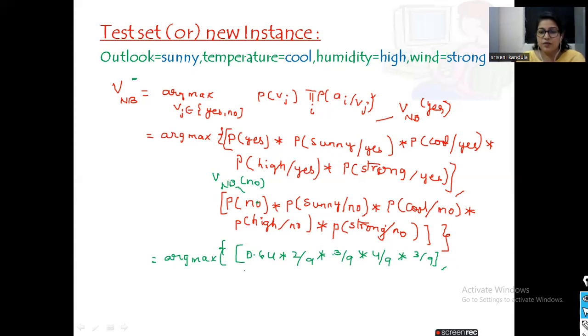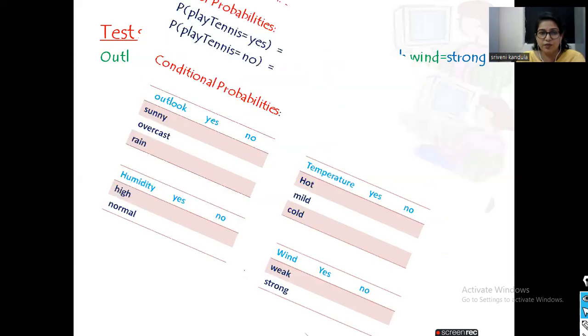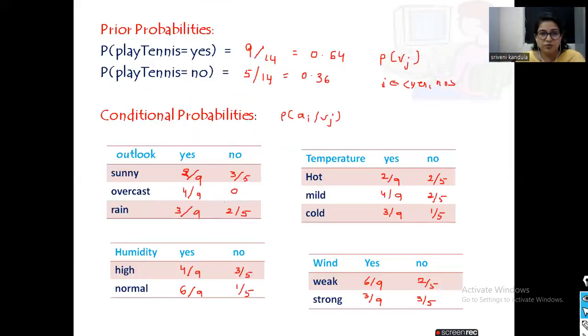I'll just go back one slide and show you where I'm taking these values from. I'm just taking the values from these tables. This is P of Sunny in case of S, and P of Cool in case of S is 3 by 9.